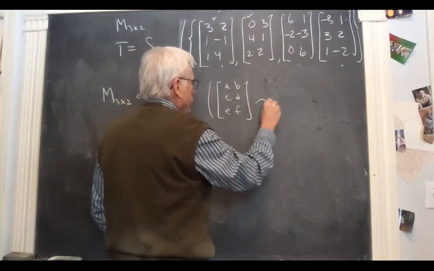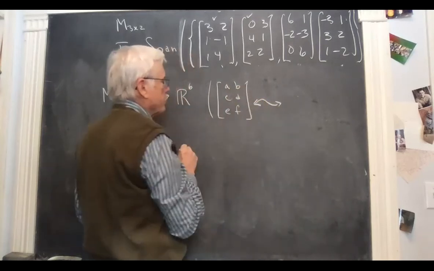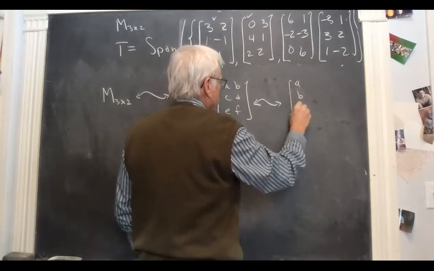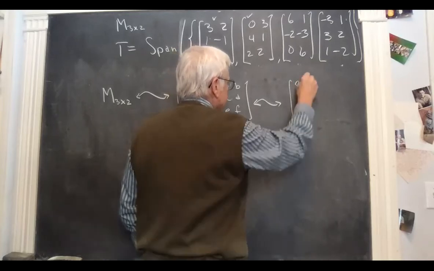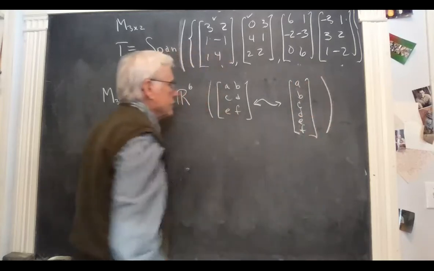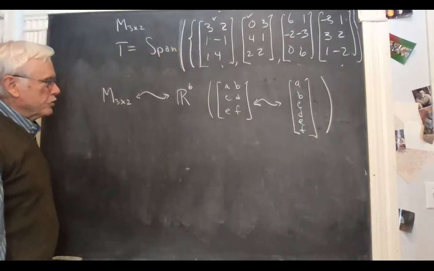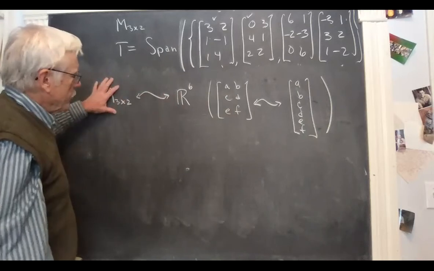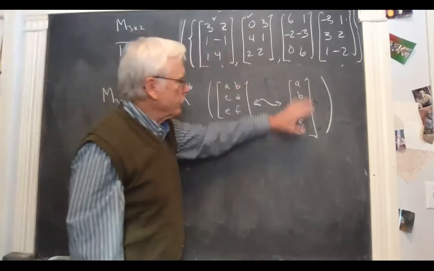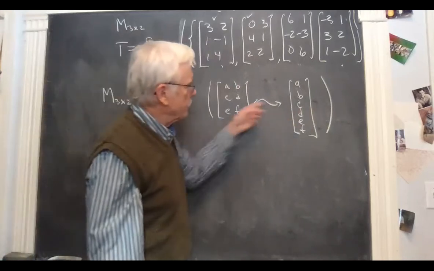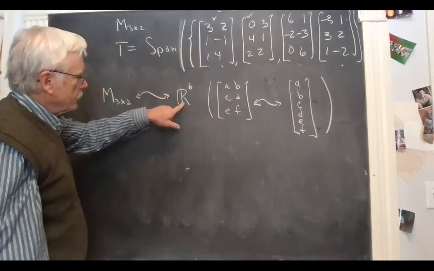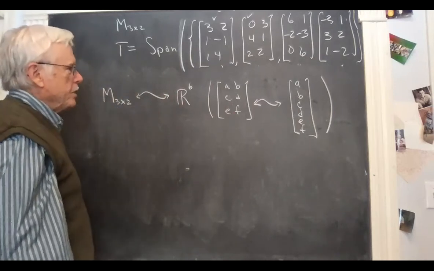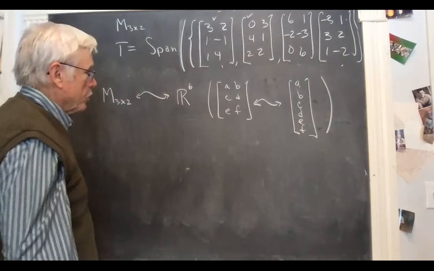So this 3 by 2 matrix corresponds to the vector, I'll write it as a column, A, B, C, D, E, F. If you use this correspondence, matrices adding up corresponds to vectors adding up and so on. So we can solve the problem in this space, and then translate into this space. And in this case, it's pretty straightforward.